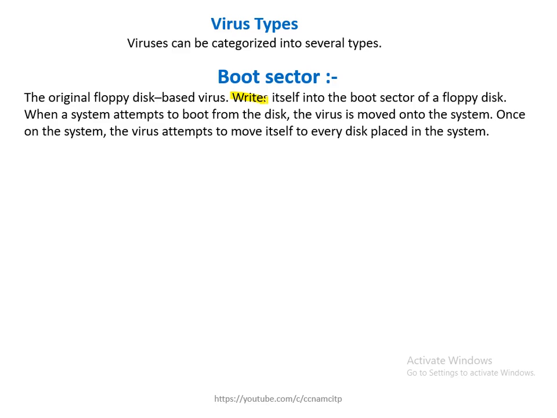As you can see here, it writes itself into the boot sector of a floppy or hard disk, it could be anything. When a system attempts to boot from the disk, the virus is moved onto the system. Once on the system, the virus attempts to move itself to every disk placed in the system.